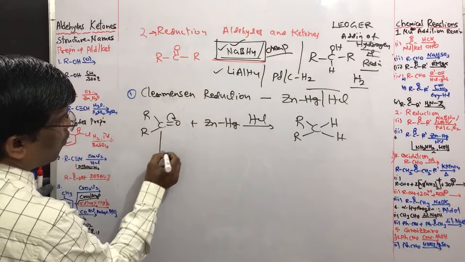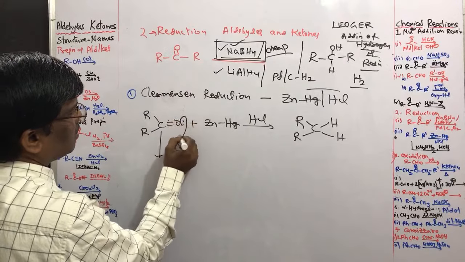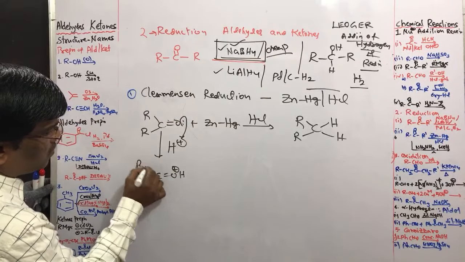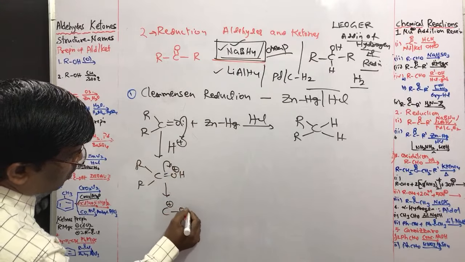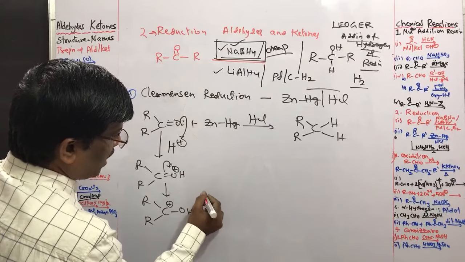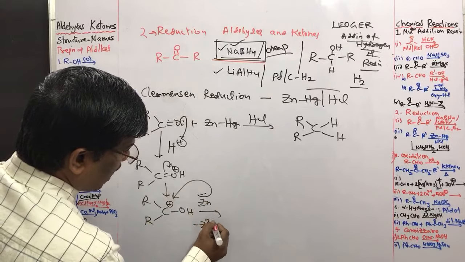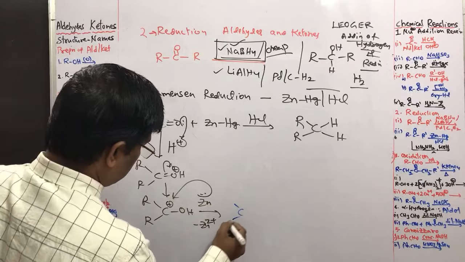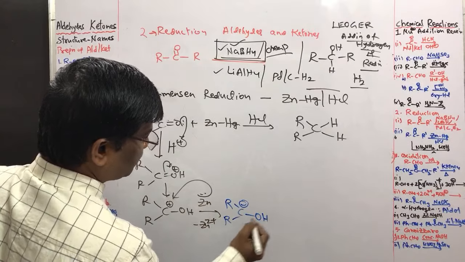So this carbonyl compound is going to take up H plus ions to form a carbocation, and now the carbocation which is formed is going to take up 2 electrons from zinc, and this zinc goes out as Zn 2 plus to give R negative OH.